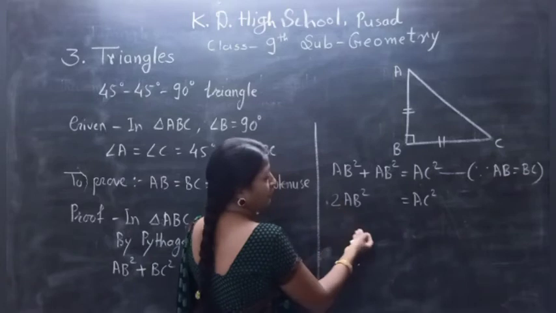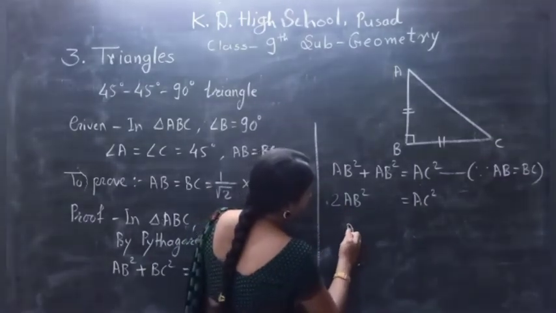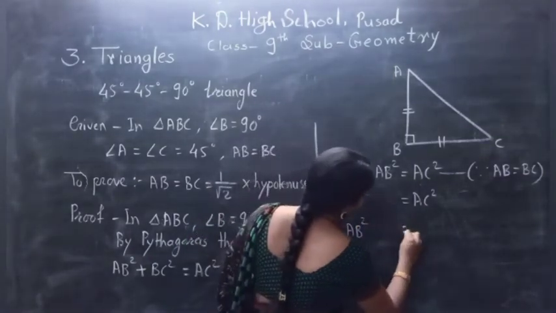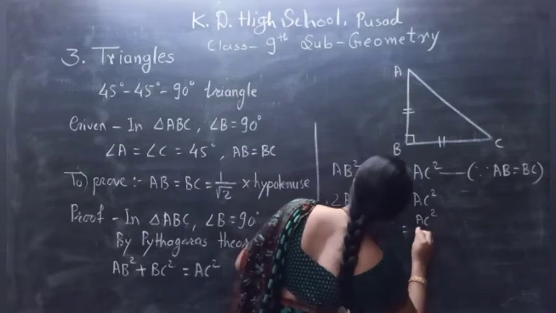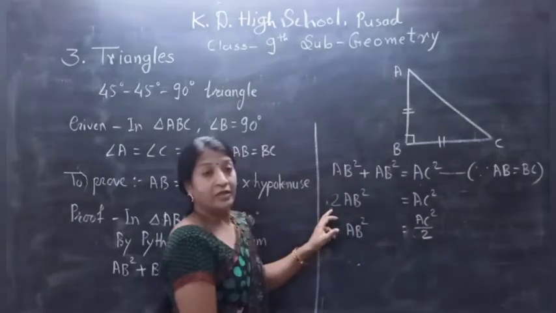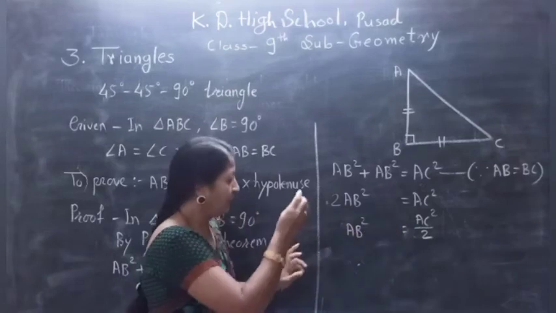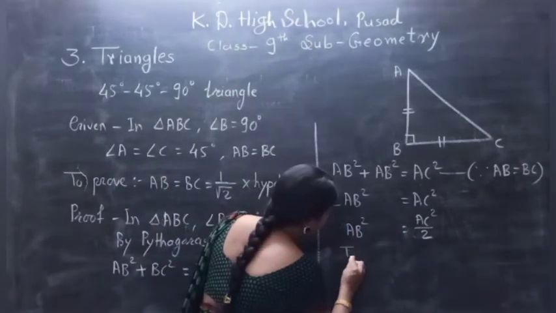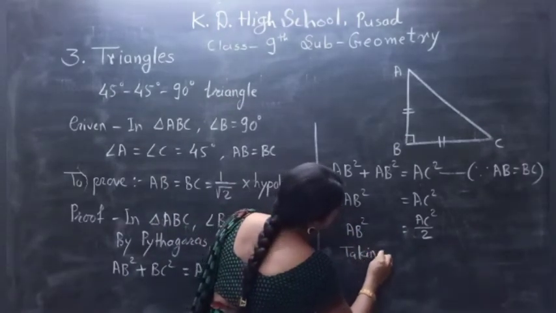Now transfer this 2 to the opposite side. AB square is equal to AC square by 2. This goes in a division. Now taking square root on both sides, what we get?